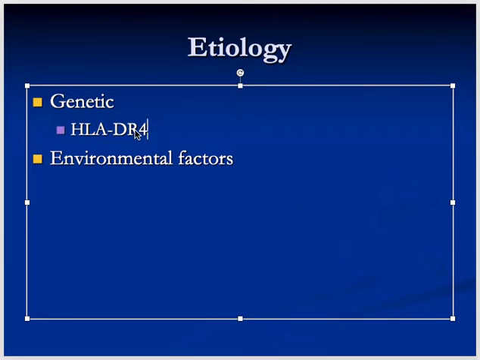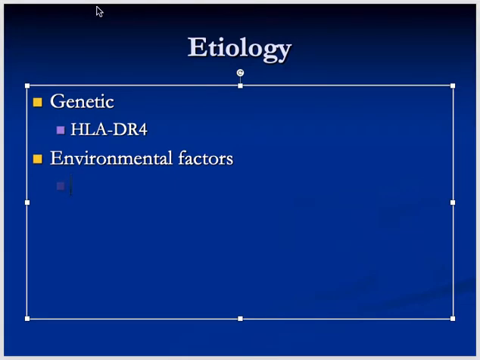Okay, and regarding the pathophysiology, as we know, this is an autoimmune condition. It causes destruction of the joints and things like this. But basically, we can say simply it's an autoimmune disorder of unknown etiology, right?